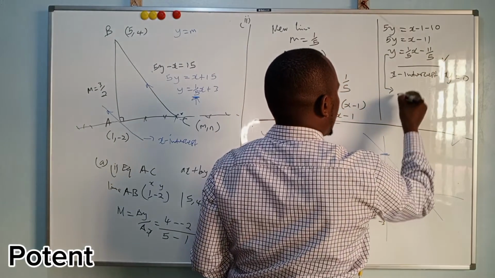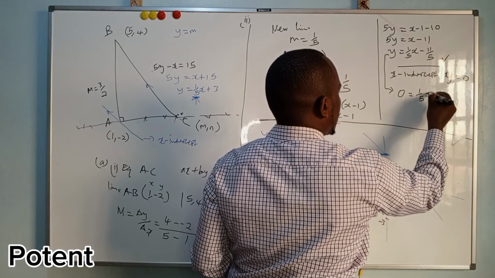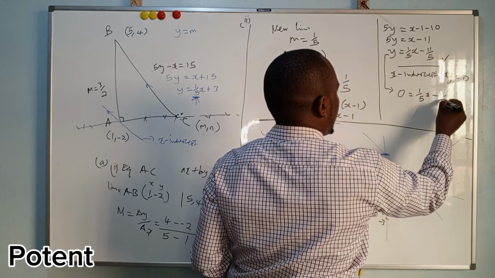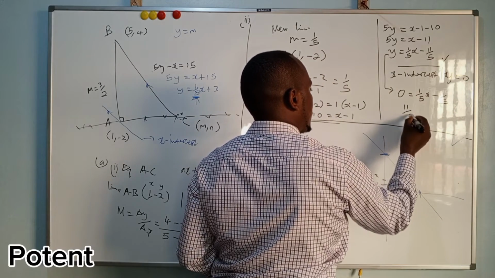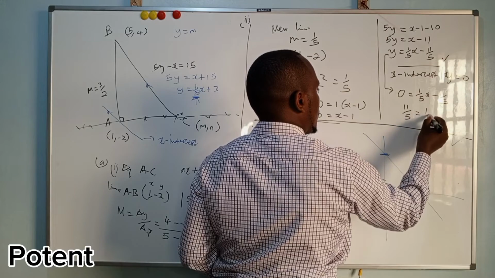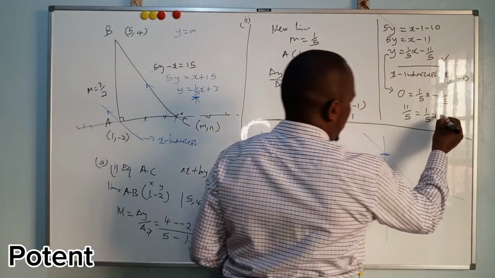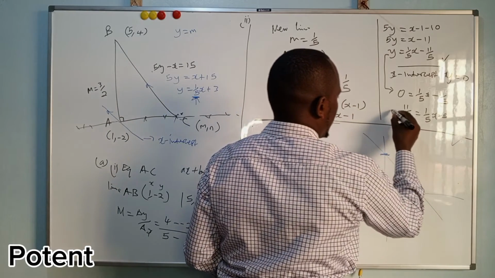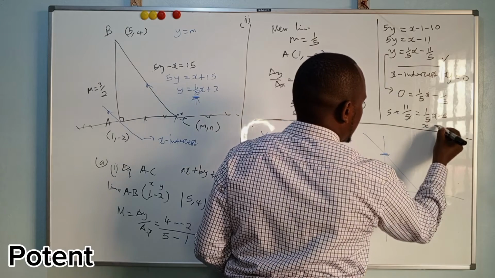So replace here: 0 equals 1 over 5 x minus 11 over 5. So if you take this to the other side, you have 11 over 5 equals 1 over 5 x. So multiply by 5 both sides. So x equals 11.